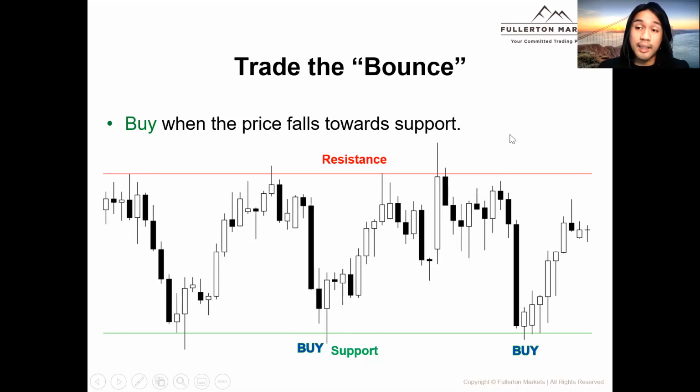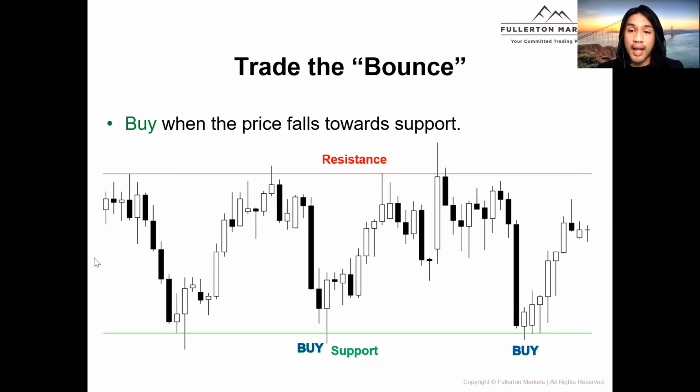Now, there's one key thing I want to share with you guys. When we have a support and resistance and we have a line, for example, this resistance, don't think that the support and resistance is just limited to this line. The support and resistance is a general level, a general area, not just where the line is per se.